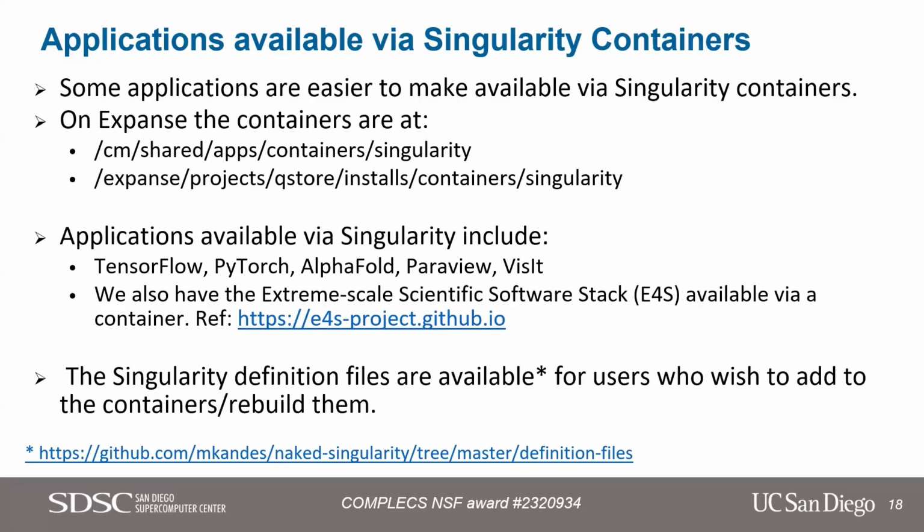On Expanse, the containers can be found at two paths. One is /cm/shared and another is /expanse/projects. Those applications include, for example, TensorFlow, PyTorch, AlphaFold, ParaView, and VisIt. And we also have E4S available via a container.